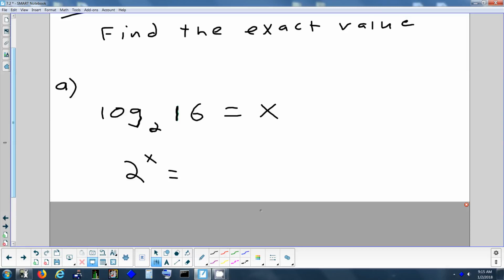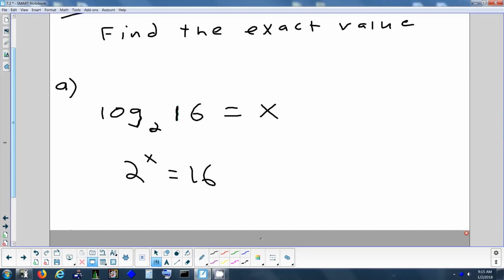And what's the only thing I haven't used? 16. So now, like I said, since I haven't shown you how to type it in, that answer has to come out nice. So 2 to what power would give me 16? Yeah, exactly.